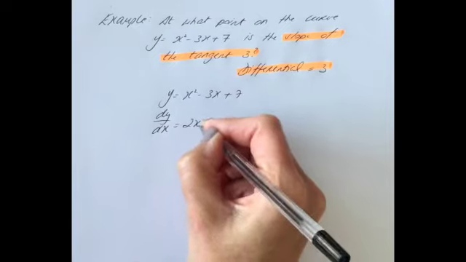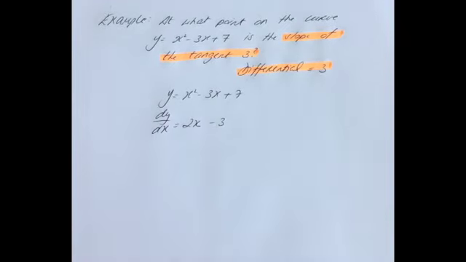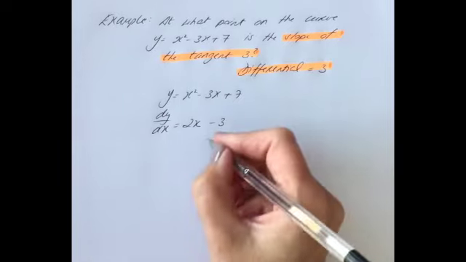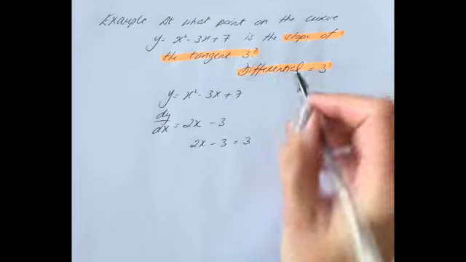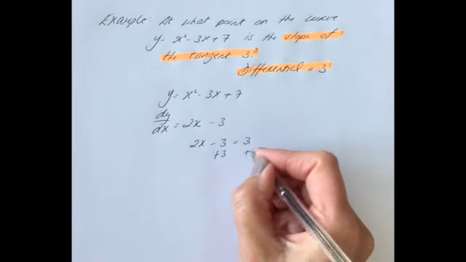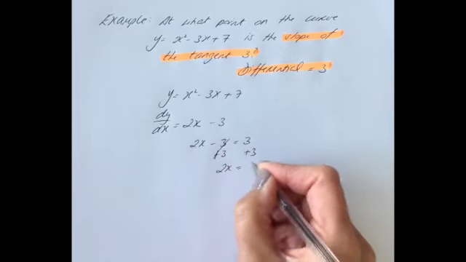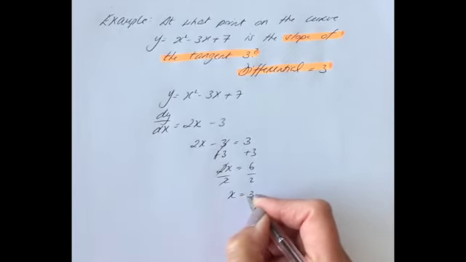X squared differentiates to 2x, minus 3x differentiates to minus 3, and 7, of course, differentiates to 0. So that gives you 2x minus 3 equals 3, because that differential is equal to 3. And now we get to solve. Add 3 to both sides, we get 2x is equal to 6. Divide both sides by 2, and we get x is equal to 3.